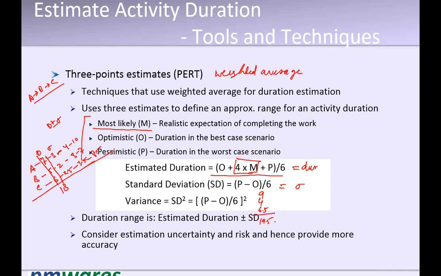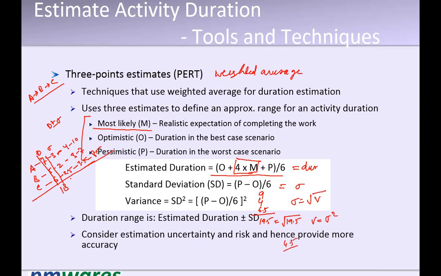Now we take the square root of 19.5, because the variance is the square of the standard deviation, therefore the standard deviation is the square root of variance. So I take the square root, and it comes out to somewhat like 4.5.